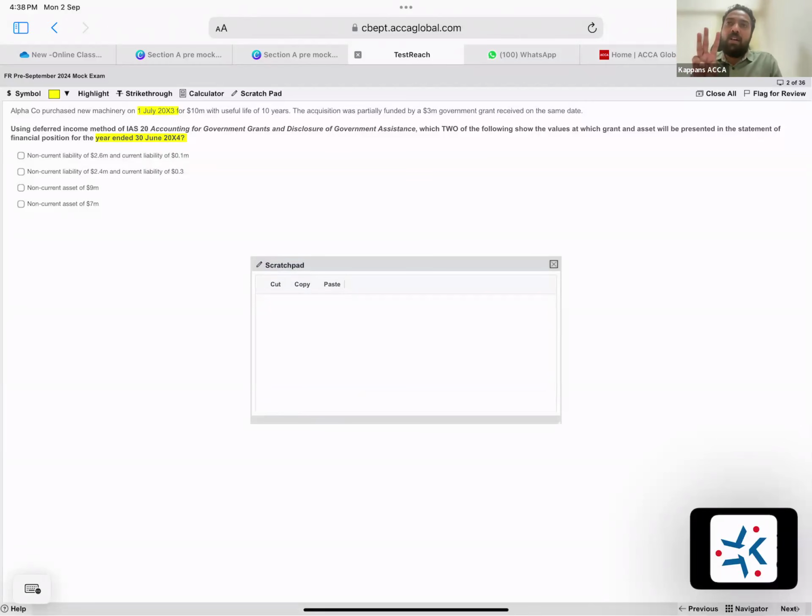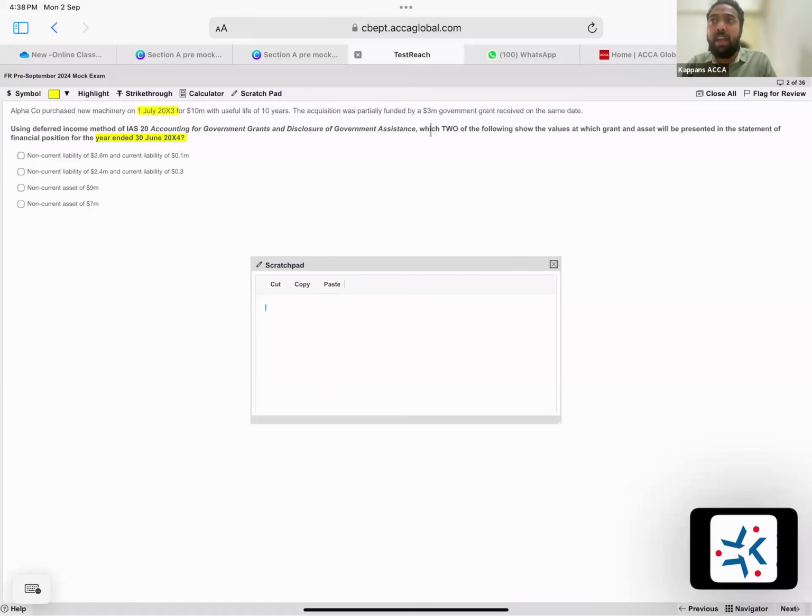This deferred income will have to be split into current liability and non-current liability. Current liability is the amount that will be recognized as income in SOPL next year, and the balance is non-current liability. So they're asking us to calculate how much is the non-current liability and how much is the current liability.